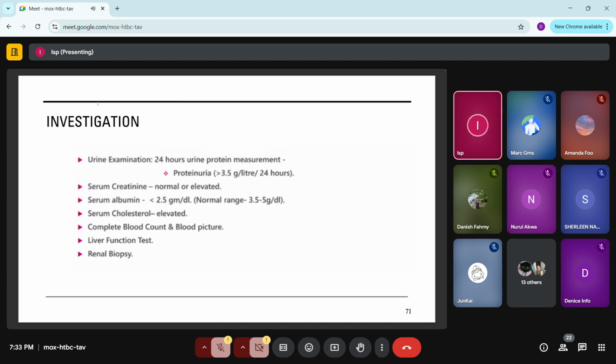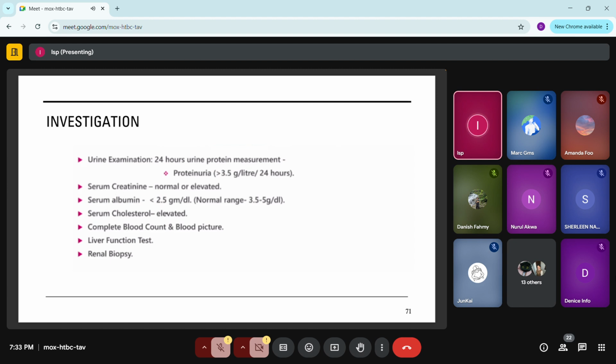So for confirmation of nephrotic syndrome, the first thing you do is a 24-hour urine protein measurement. The cutoff is 3.5 gram per day. And then you want to look for evidence of hypoalbuminemia. You check the liver function test, look for the serum albumin, which should be less than 25. Then you look at the serum creatinine.